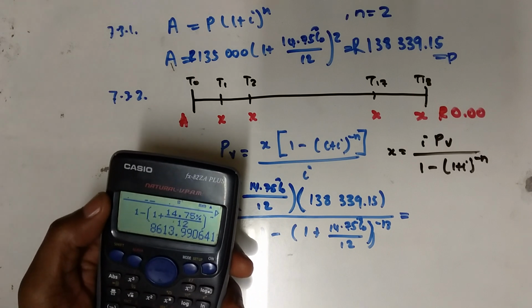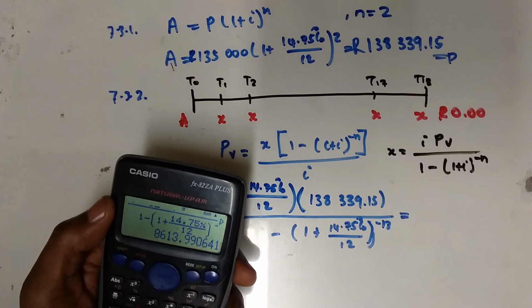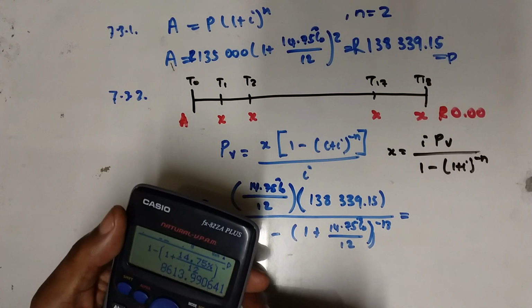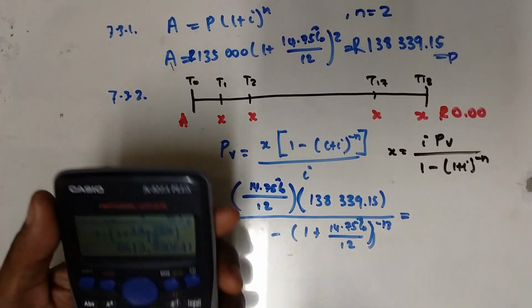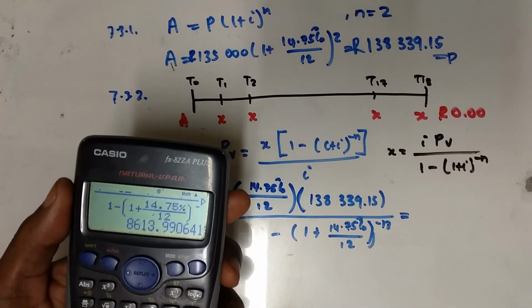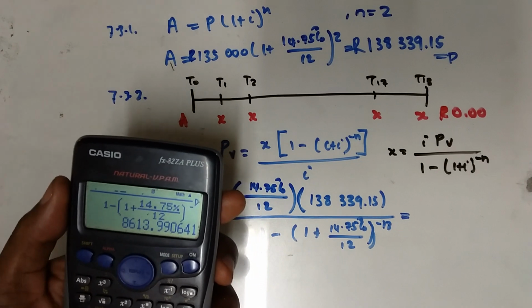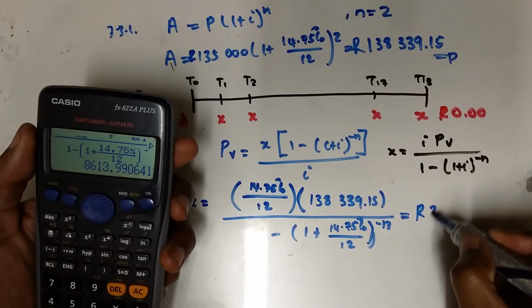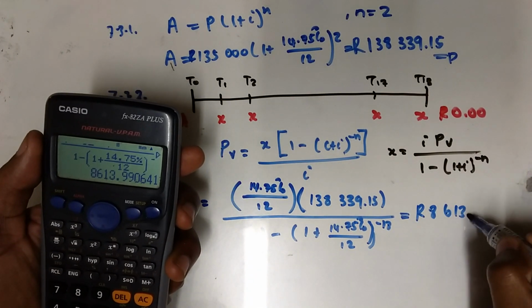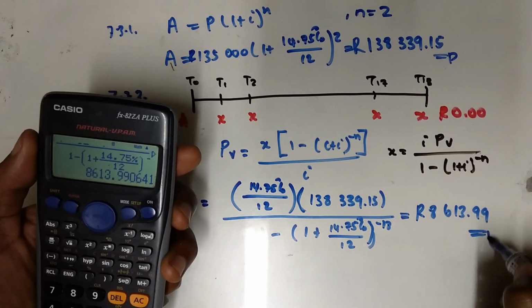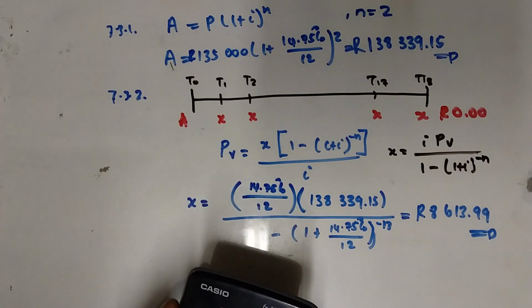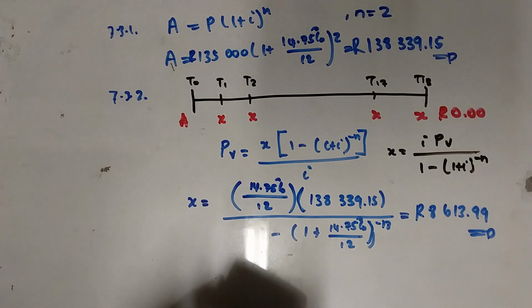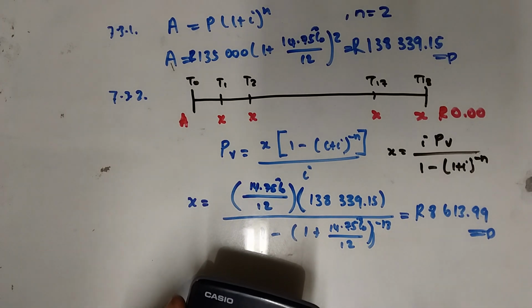So the monthly payment that she has to make such that she can finish the whole thing is 8,613.99. These are the monthly installments that she has to pay such that she can finish the loan in 18 months.